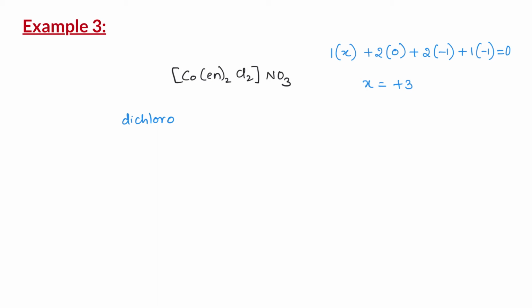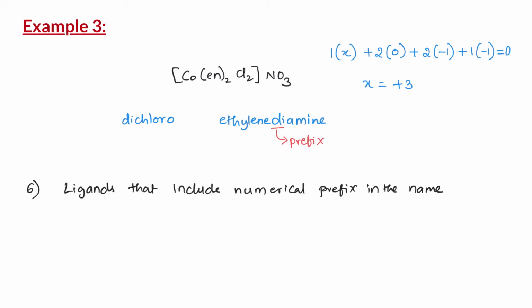The next ligand is ethylene diamine. Now this is a special type of ligand. The ligand's name has a prefix di in it. For these kinds of ligands that include a numerical prefix in the name, we use different prefixes such as bis, which stands for 2, tris, which stands for 3, and tetrakis, which stands for 4, to indicate their number.